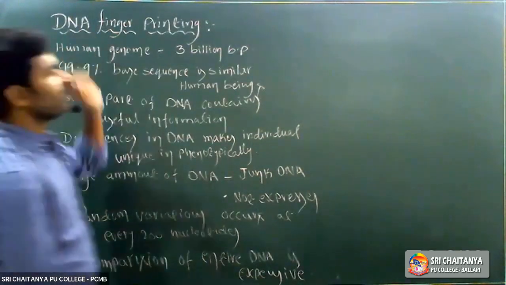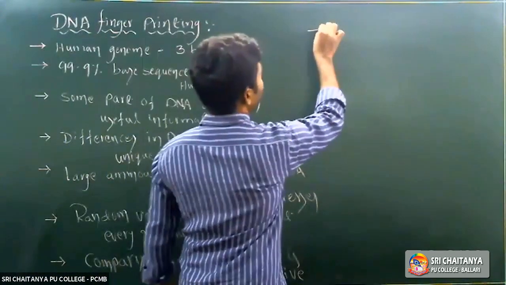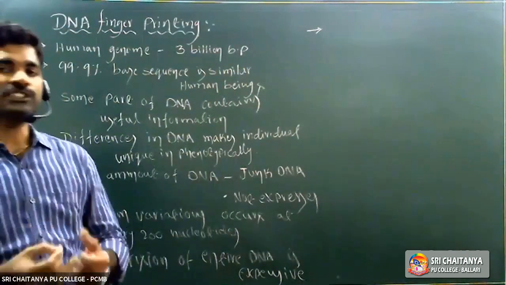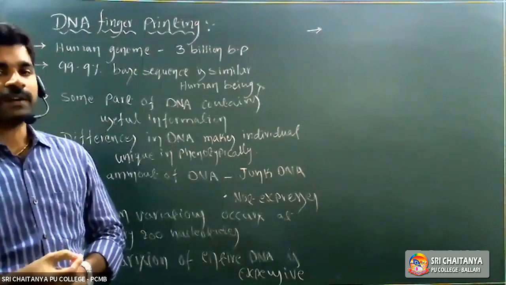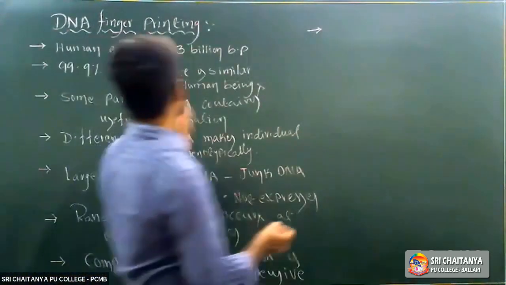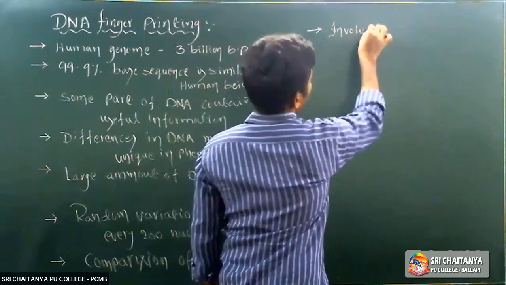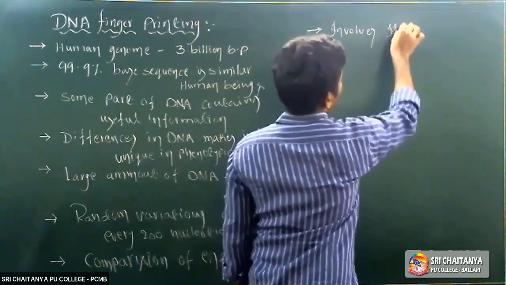So DNA fingerprinting involves identification of differences at particular regions of DNA called repeated DNA. The DNA fingerprinting process involves identification of differences.